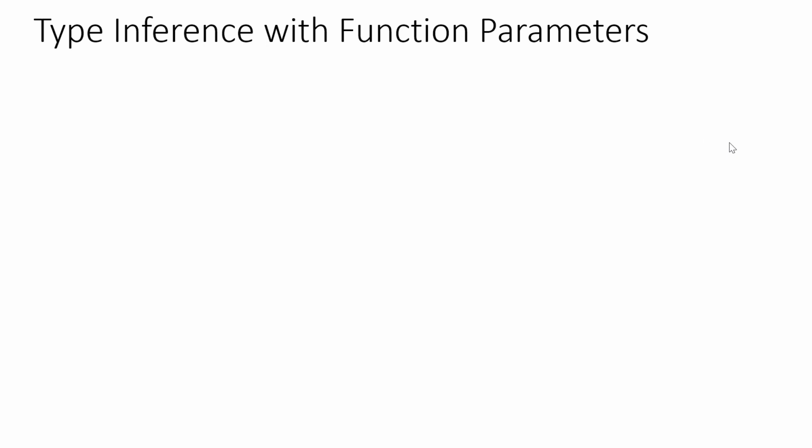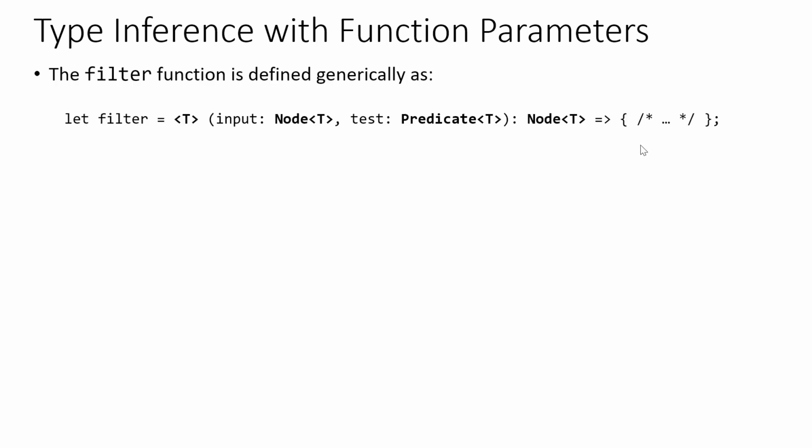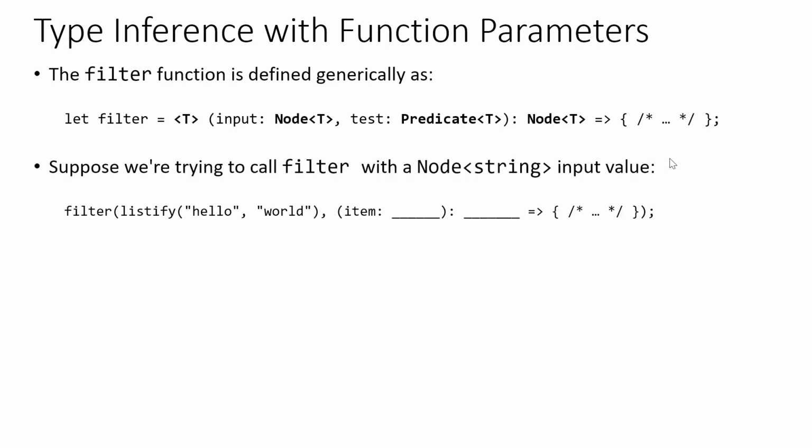It turns out that if we define our functions in this way, TypeScript can be clever about how it infers those function literals' parameter types and return types. So remember that the filter function is generally and generically defined as such. We have filter is a function that's generic for any type T, where you give it an input list of Node<T>, the test function of Predicate<T>, and it returns to you a list of Node<T>.